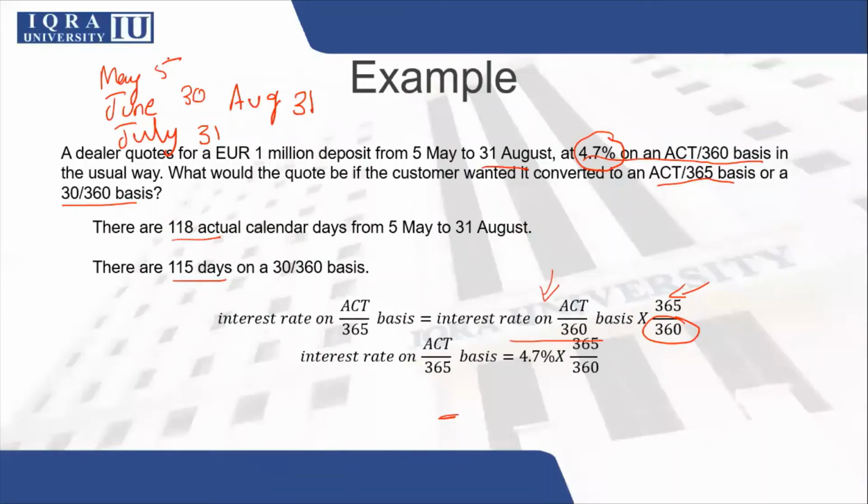Sorry, there's not going to be 5 days in May. Instead, there are 31 days in May, and the first 5 days are actually excluded from it. So there will be 26 days. If you add this up, it should come to 118.